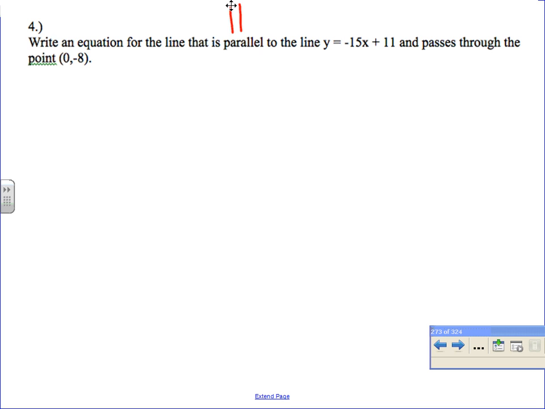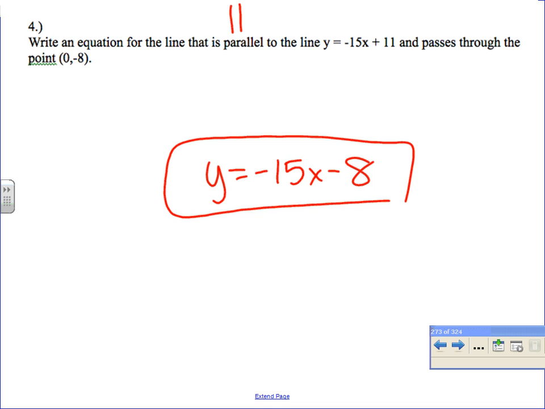If you think you know the answer, raise your hand. Okay, Skylar, what do you think? How did you get that? Awesome. Parallel lines mean you need to have the same slope.